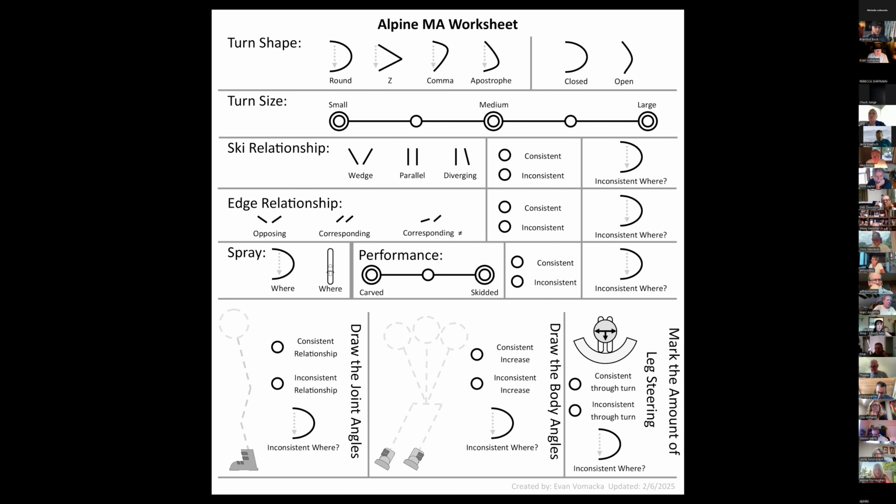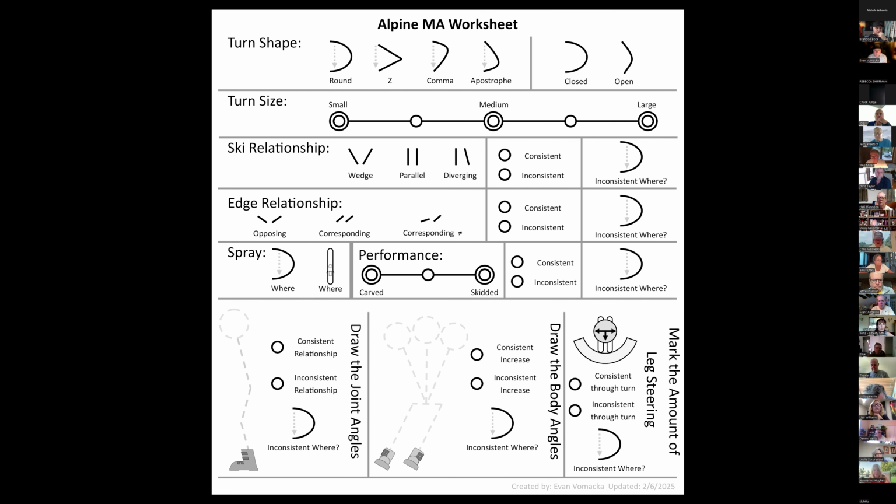If I've got somebody coming in who is making a sharper turn at the top, more of a comma turn, at a medium radius, wedging at the top, diverging at the bottom, and I see all that spray at the top of the turn and from the tail, I probably have a pretty good idea of some body performances they're making. Then I can come down and confirm that, or I can look up, confirm it, and then come down in the worksheet and start to draw that out.